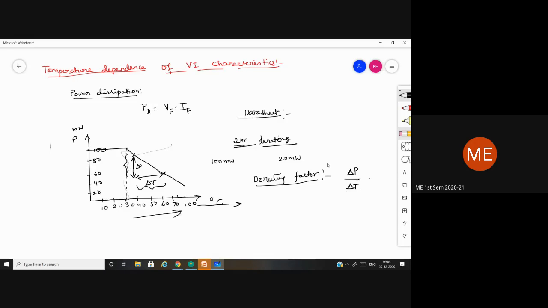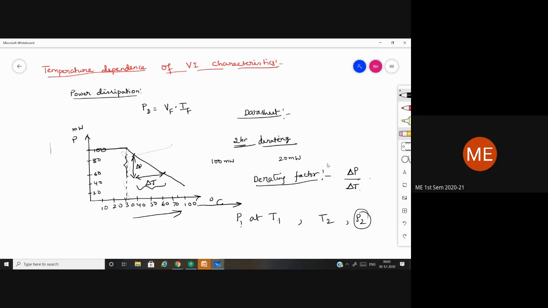But sometimes in the exam, they'll give you one power at some particular temperature T1, and they'll give you temperature T2, and they'll ask you what is the power at T2. At T1, if P1 is that power, what is the power at T2? This kind of question they'll ask you.